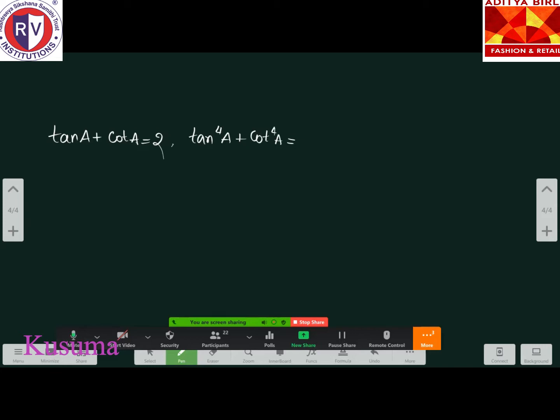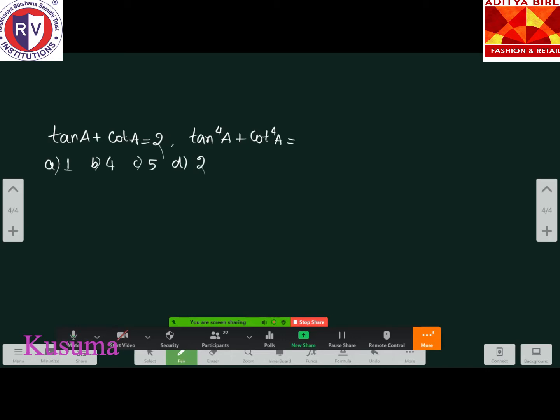The options given are, option A is 1, option B is 4, option C is 5, and option D is 2.